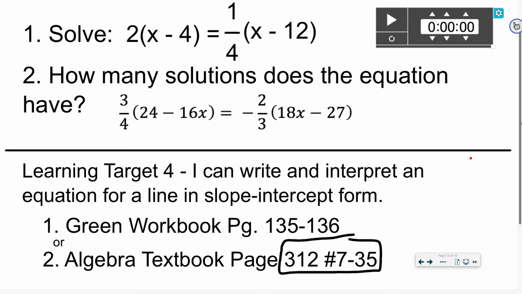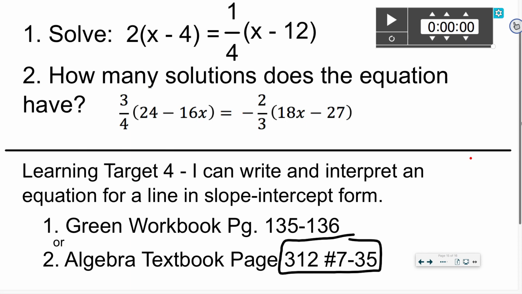The green workbook is a little bit deeper, assuming that you already understand and can work fluidly with the slope and the y-intercept. So if you don't have a preference, I would jump into the textbook because it's a great structured path to working more and more with slope and y-intercept.